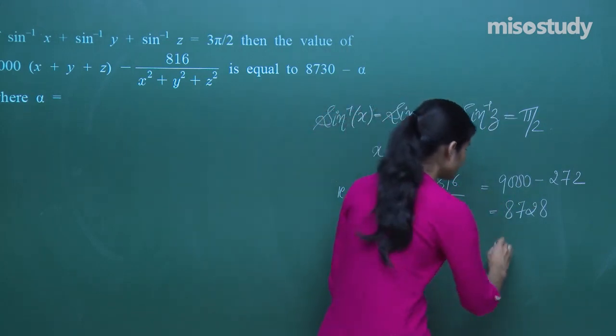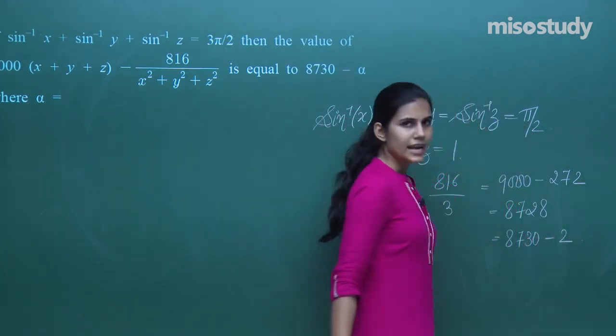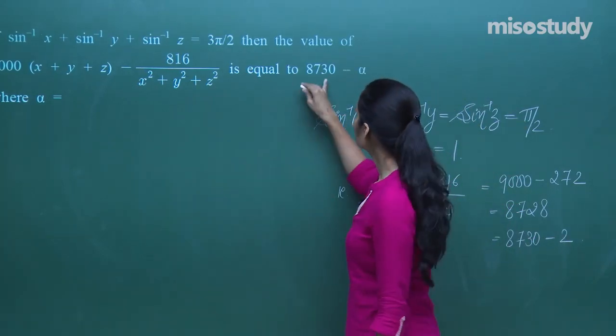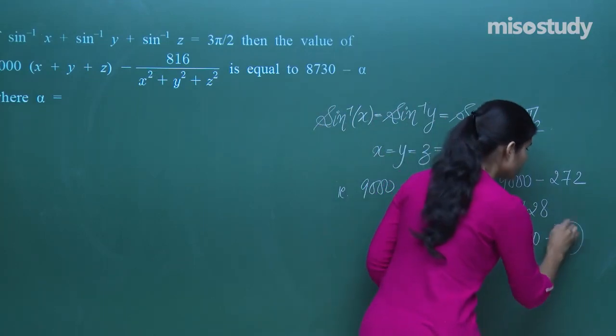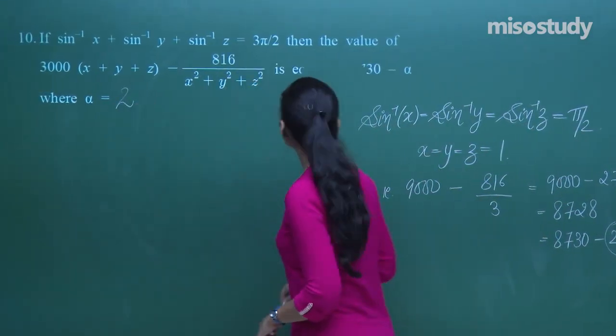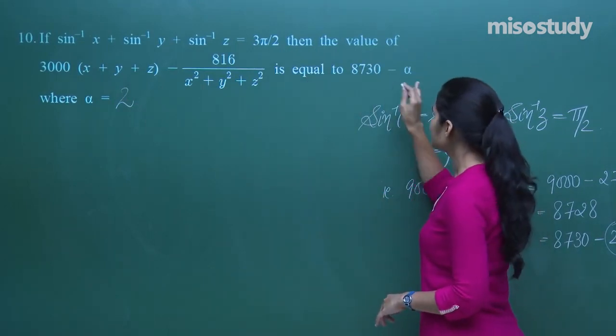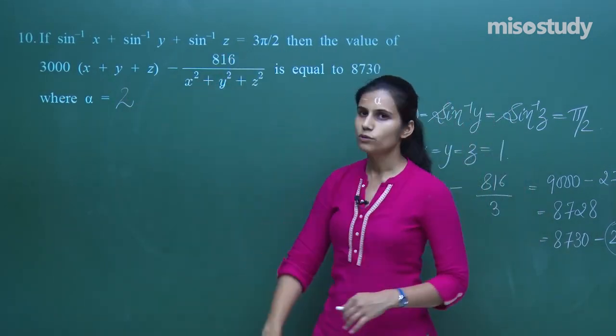And 8728 can be written as 8730 minus 2. And therefore, if they are saying that this is equal to 8730 minus alpha, then alpha is actually equal to 2. It is alpha equals 2, therefore 8730 minus 2, that is 8728, is the value of this expression when this sum is equal to 3 pi by 2.